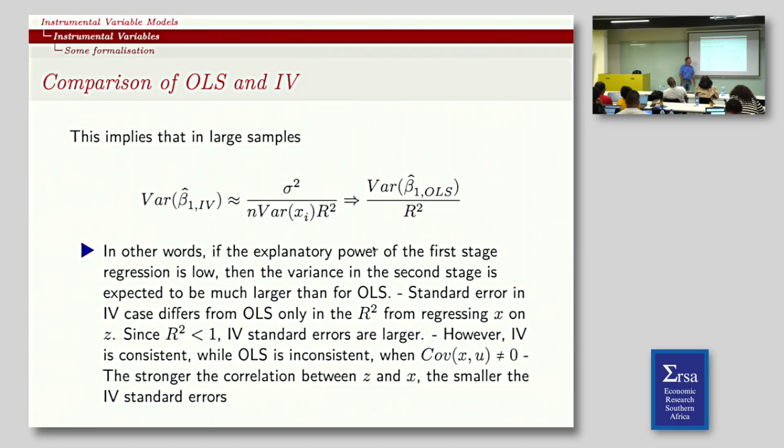So you can think about this as, if your first stage correlation is poor, this gets even worse. Okay. IV is consistent. OLS is inconsistent as long as we have correlation between the x's and the error term.